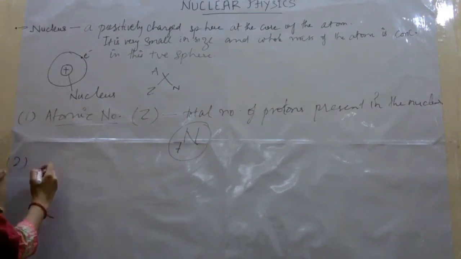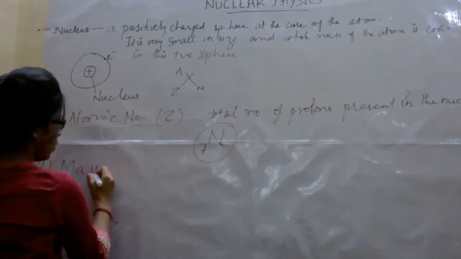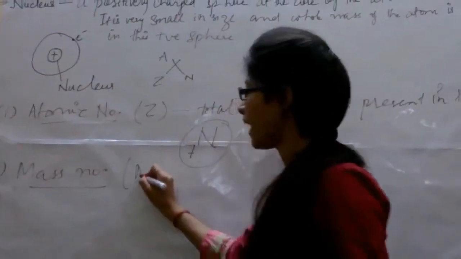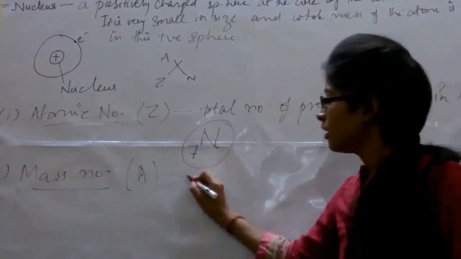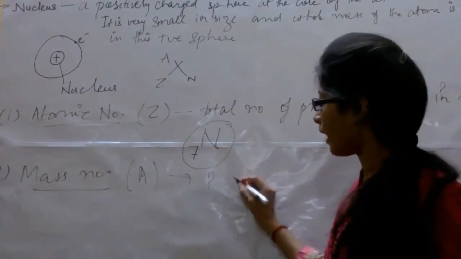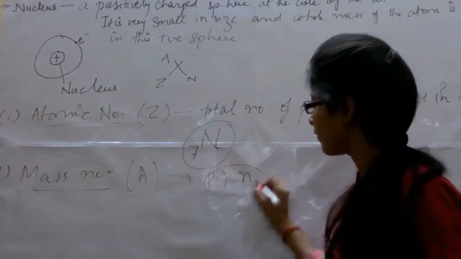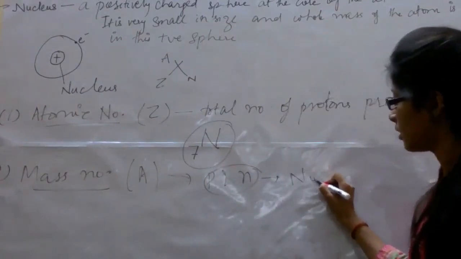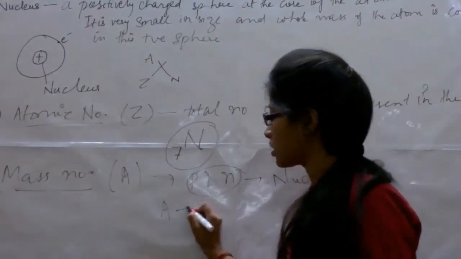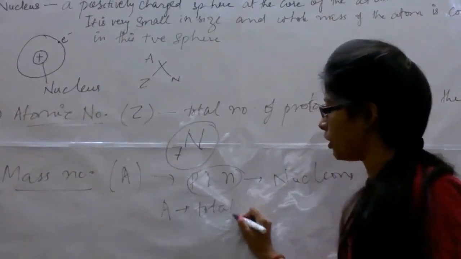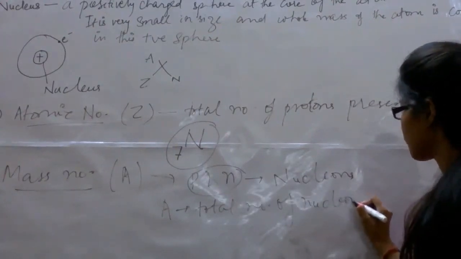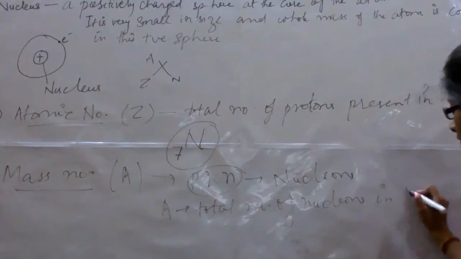Next up, mass number. It is represented by A. Since the nucleus consists of both protons and neutrons, and collectively they are called nucleons, this A denotes the total number of nucleons present in the nucleus.